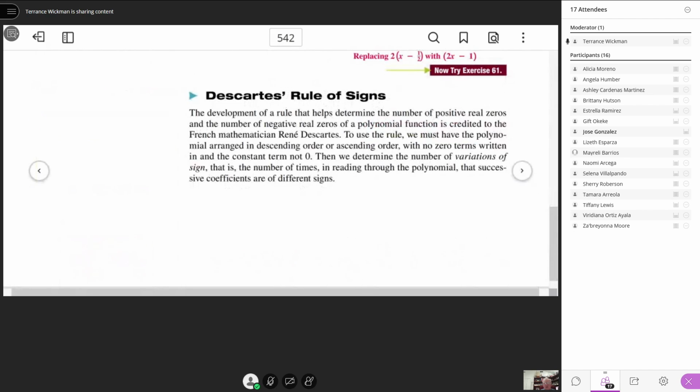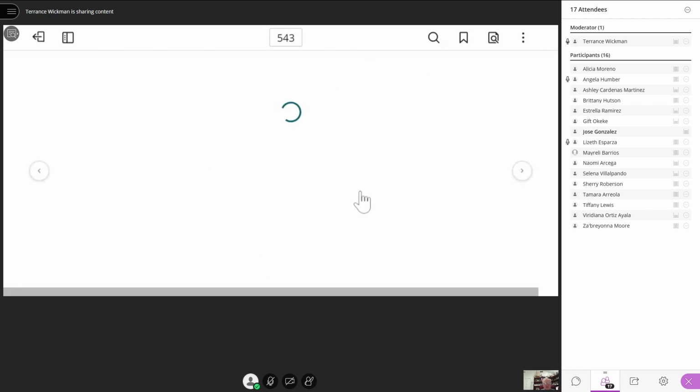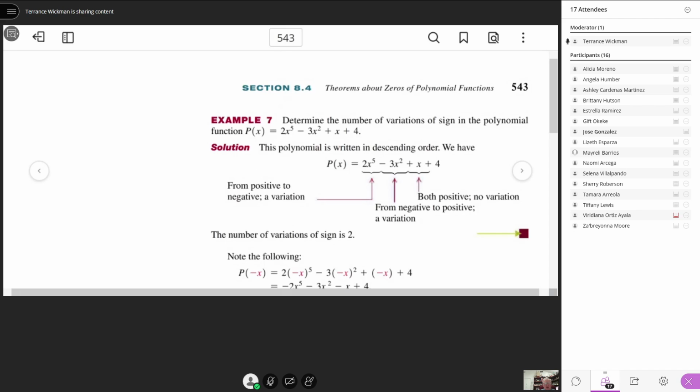Descartes' rules of signs. You guys already had that, right? Yes. You know that the number of sign changes tells you the number of positive zeros. If you get 4 sign changes, then there are 4 possible zeros. Then you put the negative number in there, and see how many sign changes there are.